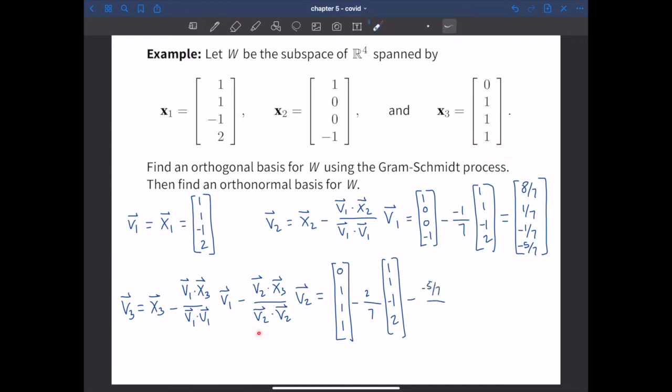And downstairs we've got v2 dot v2, so this is going to be a bit of a beast. Right down here we're going to get 49 because of the 7 in the denominator. Then we get 8 squared is 64, plus 1 squared is 65, 66, plus 25 is 91, I believe.